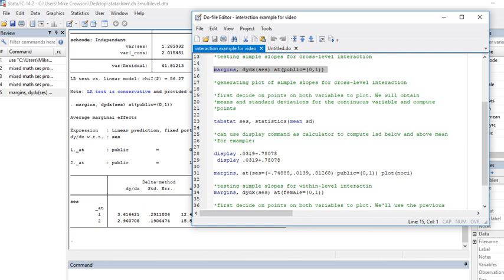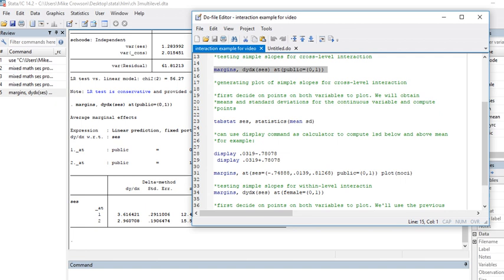A common approach when you're dealing with a continuous predictor would be to generate the predicted scores at a low value, a medium value, and a high value on that continuous variable. One kind of arbitrary way of doing this, but it's still a way, is to treat one standard deviation unit below the mean as a low value on SES, the mean as the middle value, and one standard deviation above the mean as a high value.